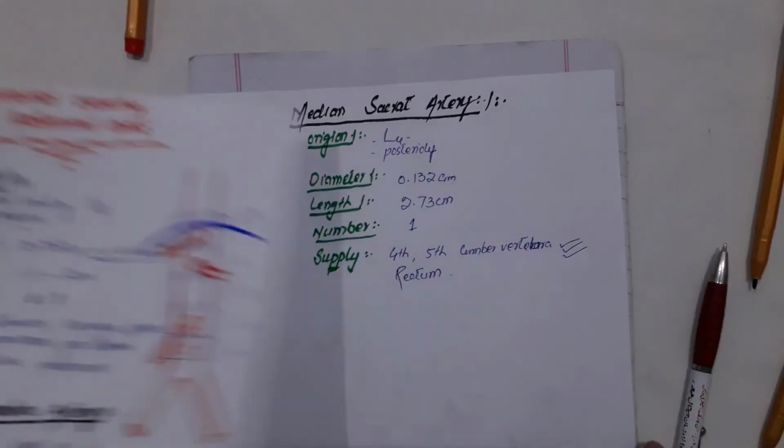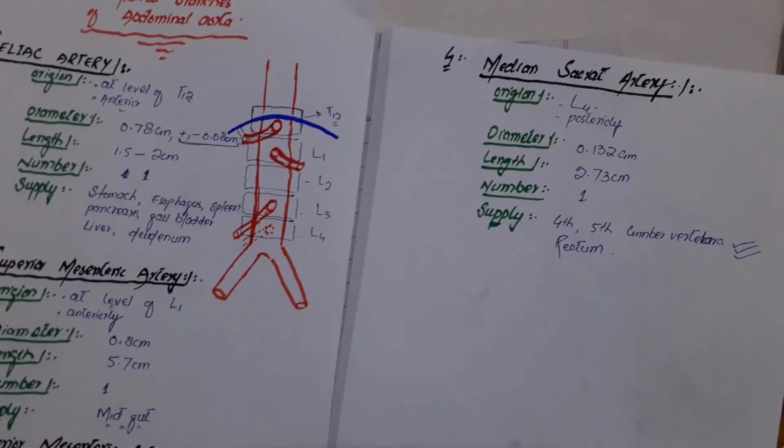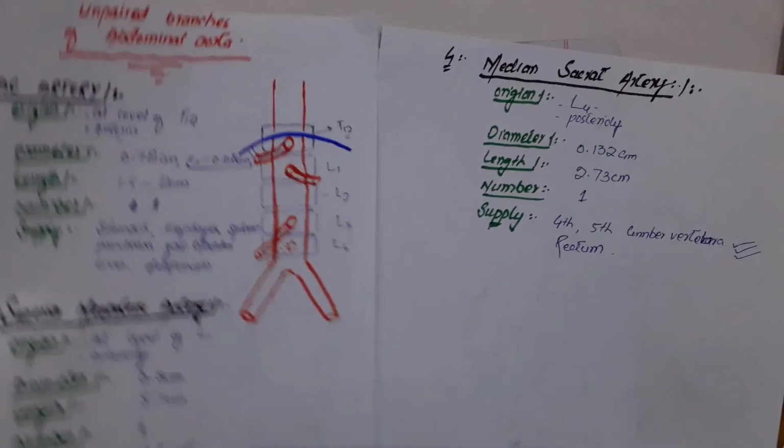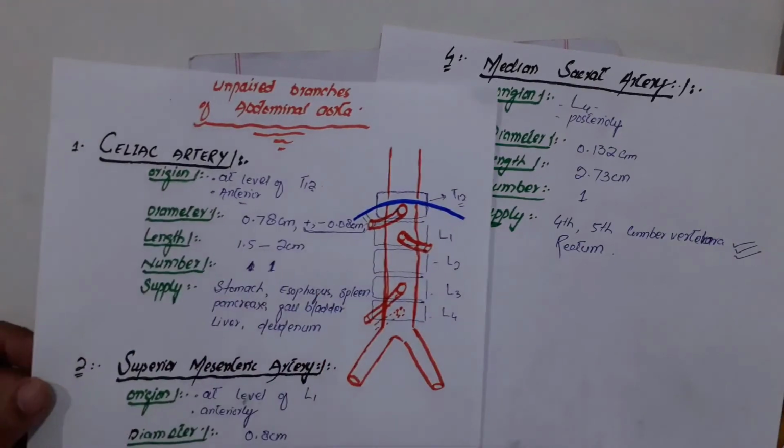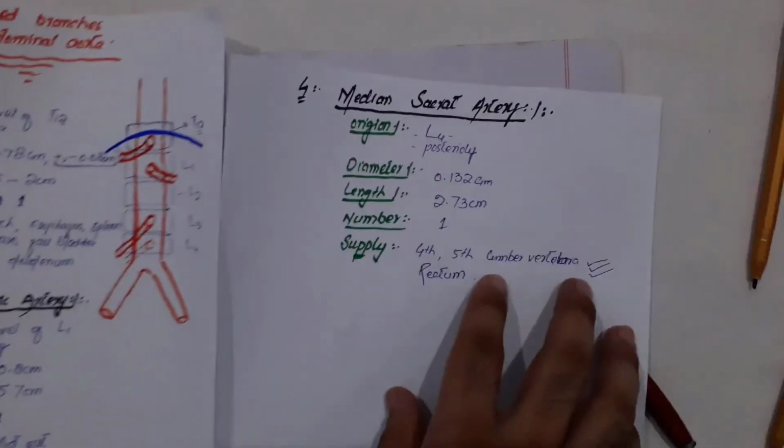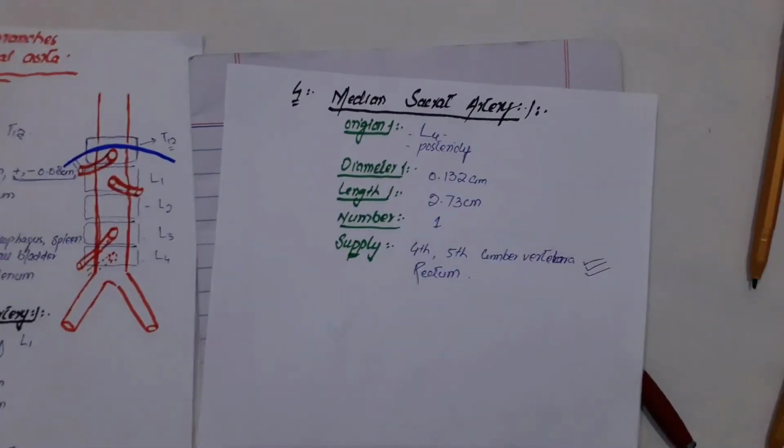So in this lecture we have discussed the unpaired branches which arise from the abdominal aorta. These are the celiac artery, the superior mesenteric artery, the inferior mesenteric artery, and the last one was the median sacral artery.